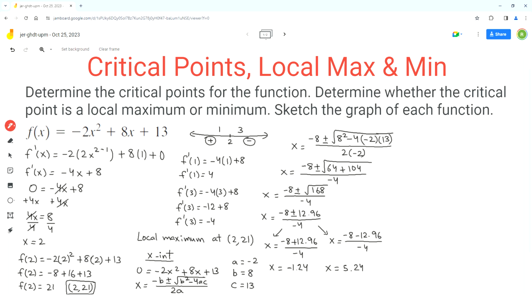So for the y-intercept, we'll sub in x as 0 in the given function. So f at 0 will be equal to negative 2 times 0 squared plus 8 times 0 plus 13. So the first two terms will just become equal to 0. So the y-intercept is positive 13.